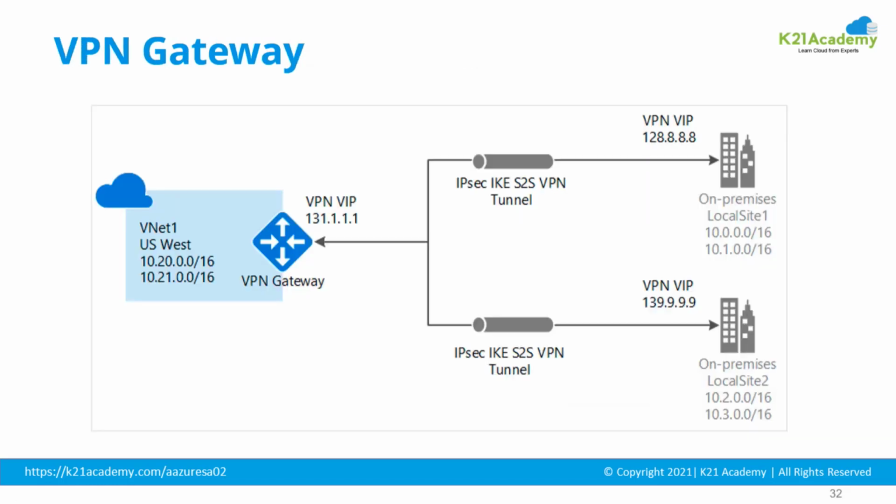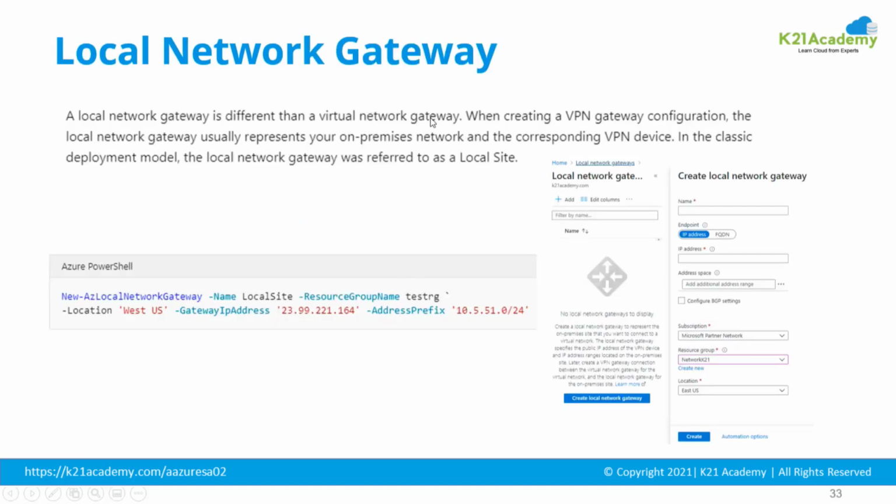When you're defining the virtual network gateway or VPN, you also need to represent this on-premise device end. So the virtual representation of the on-premise device or on-premise VPN device will be called the local network gateway.